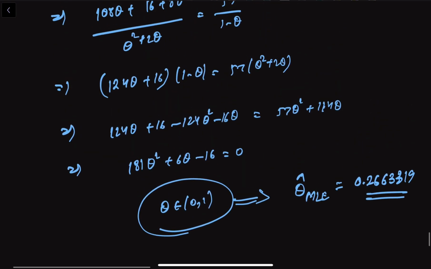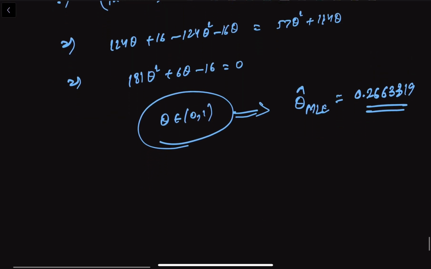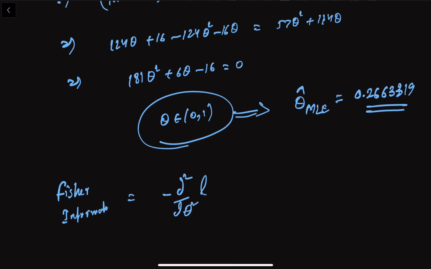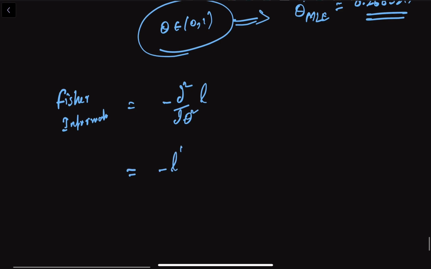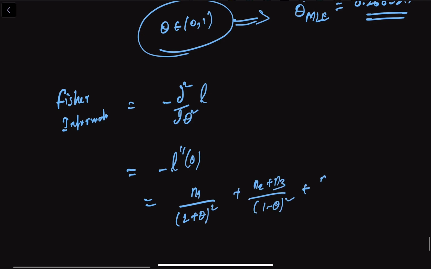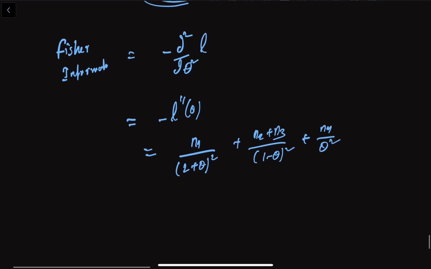Now we also have to find the standard error. For the standard error, we can find the observed Fisher information. Fisher information is nothing but minus the second derivative of the log likelihood with respect to theta. So that is minus L double dash of theta, which is n1 by (2 plus theta) whole square plus (n2 plus n3) by (1 minus theta) whole square plus n4 by theta square.